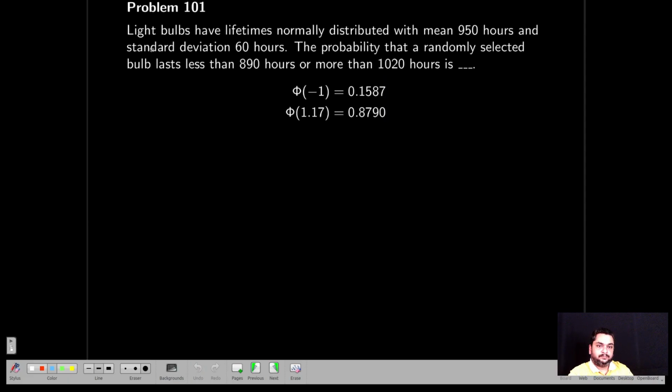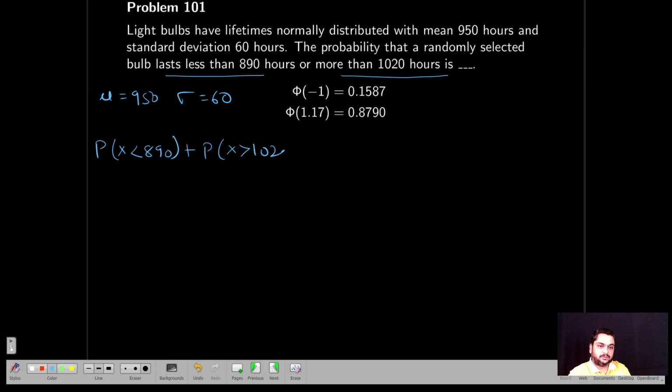Next. Light bulbs have lifetimes normally distributed with mean 950 and standard deviation 60. The probability that a randomly selected bulb lasts less than 890 hours or more than 1020 hours is, what do you have to find? P of x less than 890 or P of x greater than 1020.